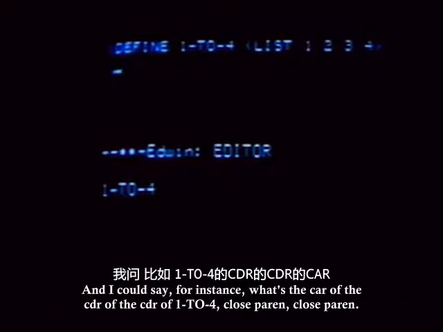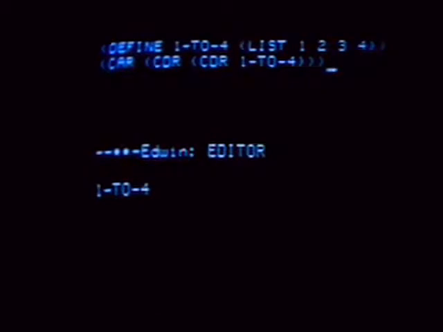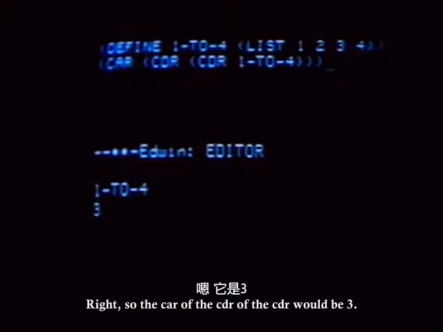And I could say, for instance, what's the car of the cdr of 1 to 4? Close paren, close paren. Right, so the car of the cdr would be 2.